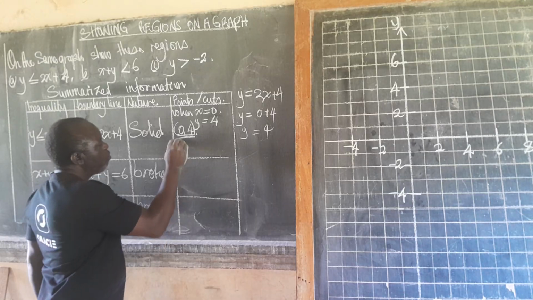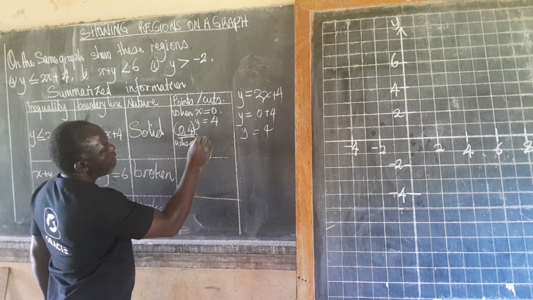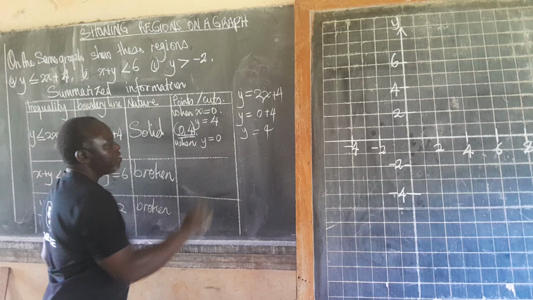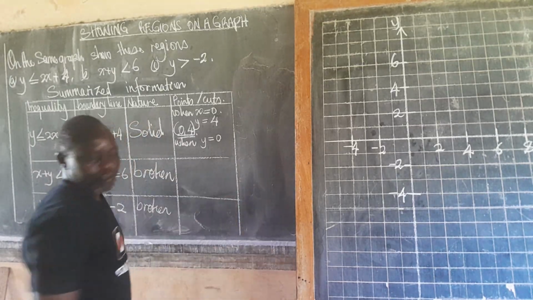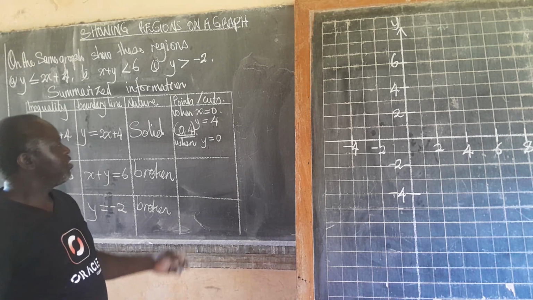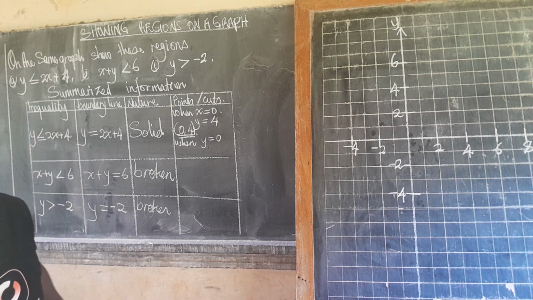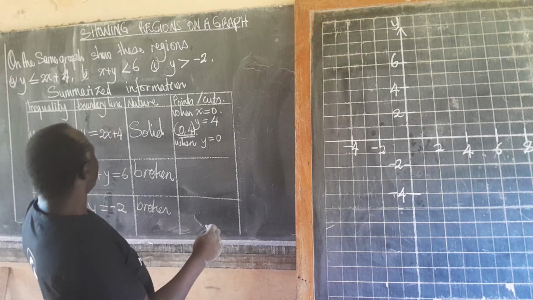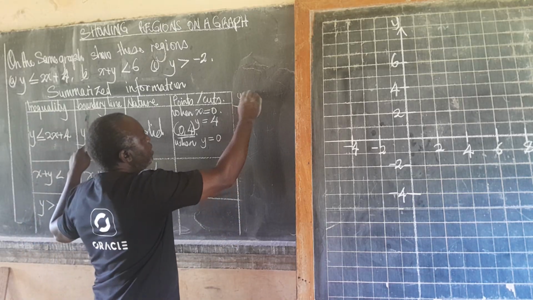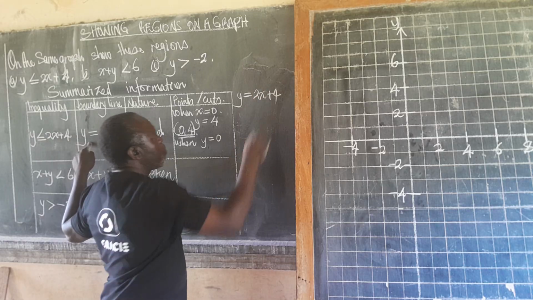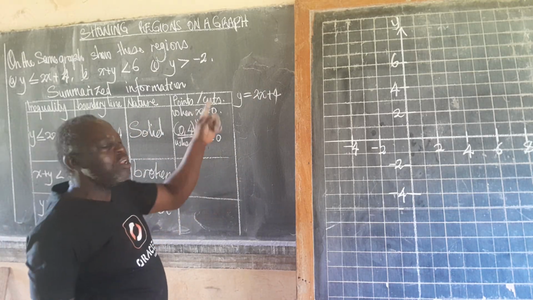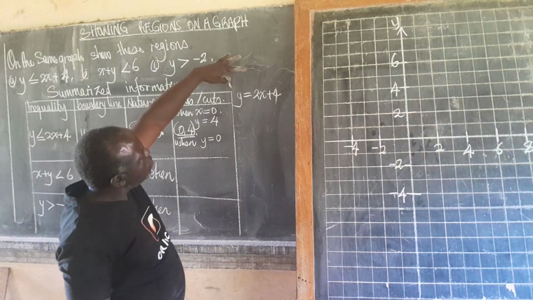Then next we say when y equals 0, again we go back to our same equation, y equals 2x plus 4. Remember that when y equals 0, we are going to put 0 here.